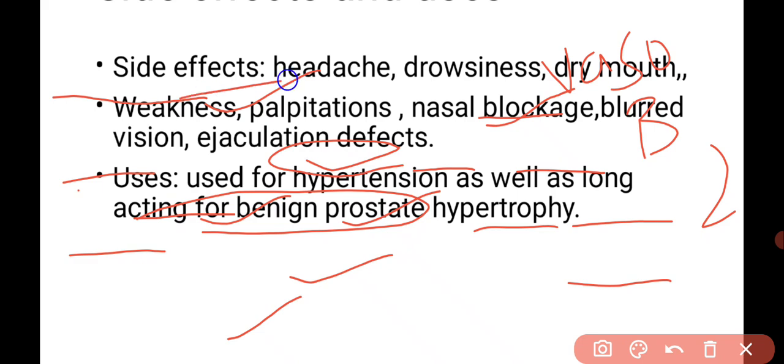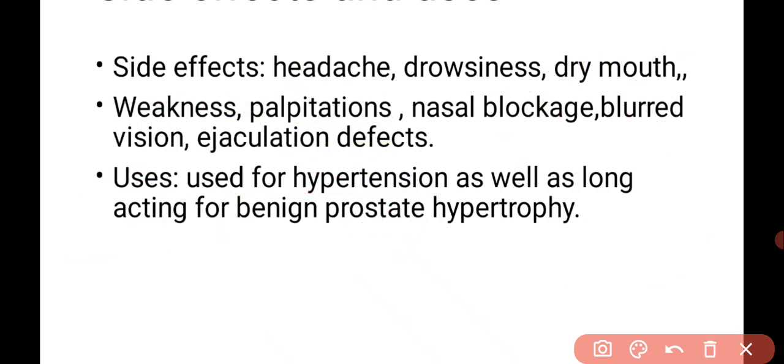Because of reflex sympathetic stimulation, it may cause palpitations, dryness of mouth, and drowsiness. These are the side effects. Apart from hypertension, they are also used for benign prostatic hypertrophy.